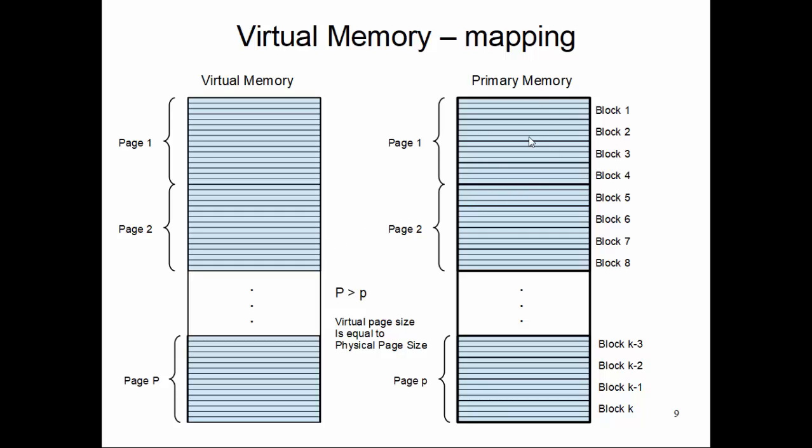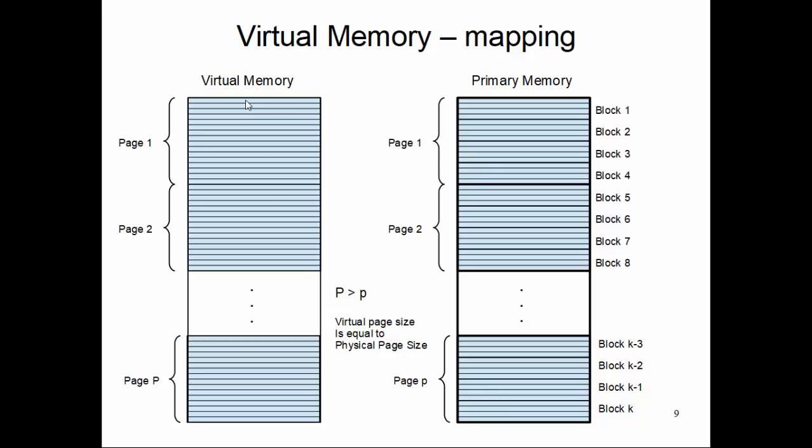Also, primary memory, your RAM, the physical memory, is also divided into pages, with the same page size as in the virtual memory. Let's say this is small p. Of course, your capital P is greater than small p.